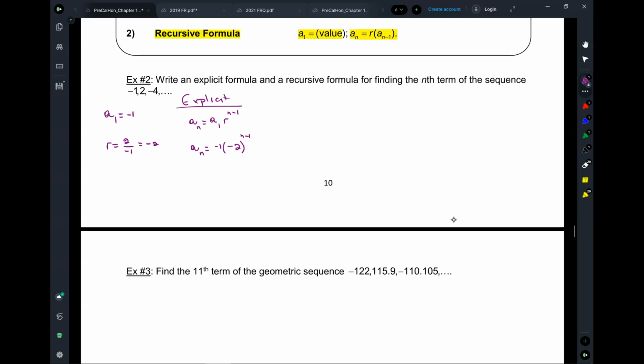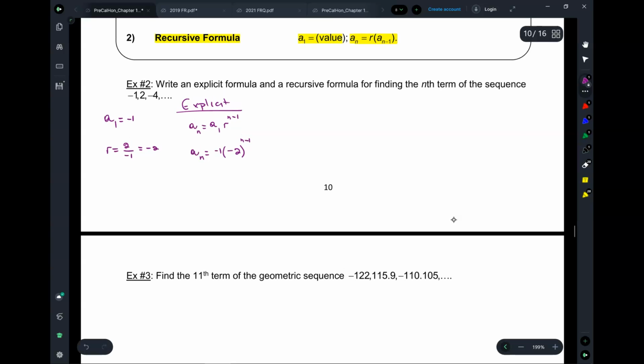Okay. All right, next one. The negative 1 here, you can leave it out, and you'll know that A1 will be, if n is 1, the exponent will be 0, so it'll be negative 1. Okay, so for the recursive, you say A1 is equal to negative 1, semicolon.